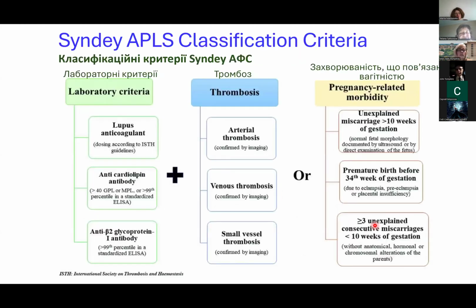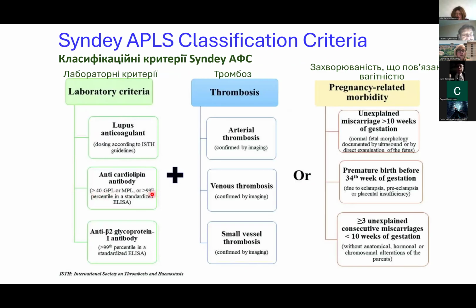So there are several criteria that were designed by the International Society on Thrombosis and Haemostasis. And the laboratory criteria include one or more of these antibodies. So we talked about the lupus anticoagulant, anti-cardiolipin antibody, and you'll see they gave cutoffs.